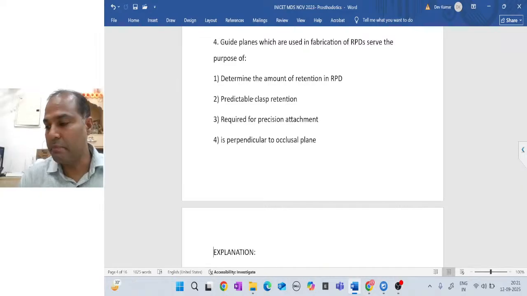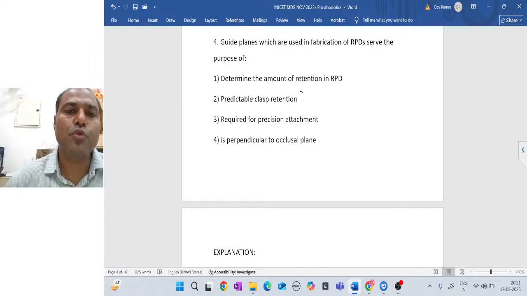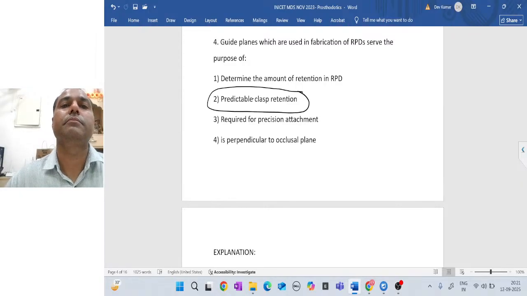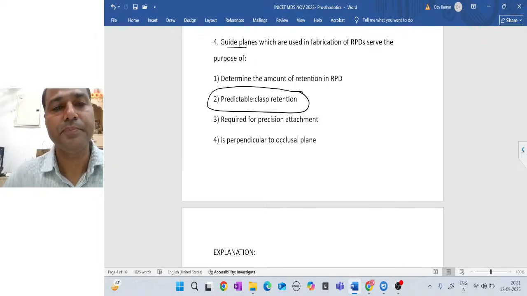Okay, so the best answer is, it has come so many times, it helps in predictable clasp retention. Why? Okay, guide planes, just a minute.